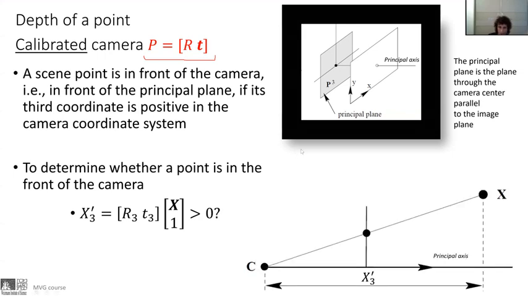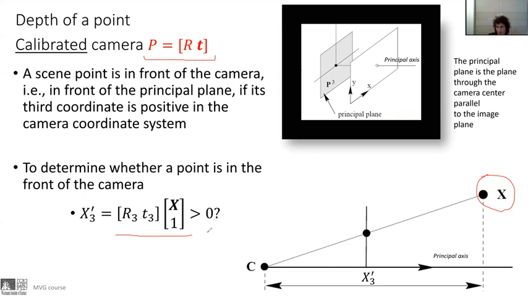I hope it's more clear now. If I have a 3D point in the world and I would like to know if I see the point from the camera, which means that the point is in front of the principal plane, I know how to do it by looking at the third coordinate of the resulting multiplication between P and X, which is what is written here.